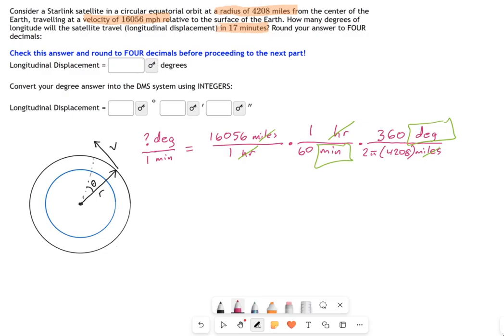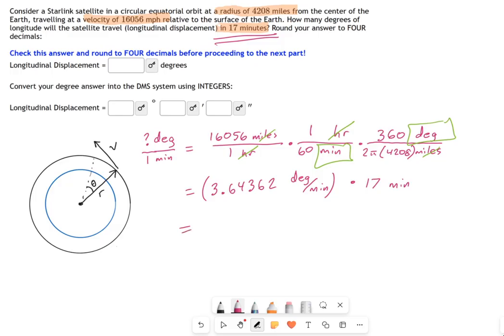Now, when you actually go and plug that into the calculator, let's see what we get. And you want to be careful to include lots of decimals on this problem. You get 3.64362 and some more things after that, degrees per minute. Now, here's the part where, don't lose track of what we're doing. We're saying how far does it go in terms of degrees in 17 minutes. So you take this degrees per minute and you multiply this answer right here by 17 minutes.